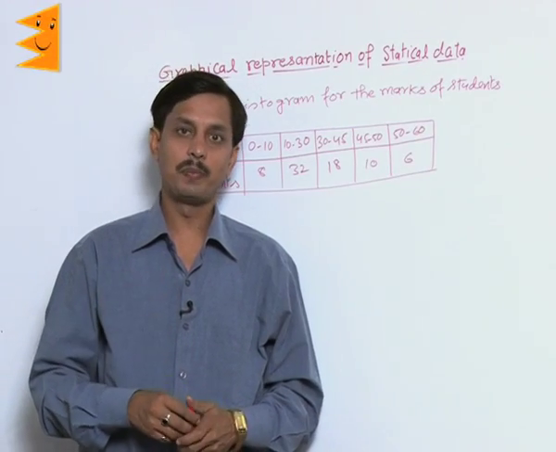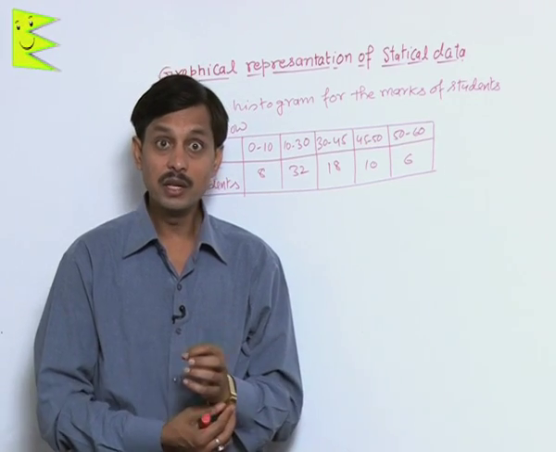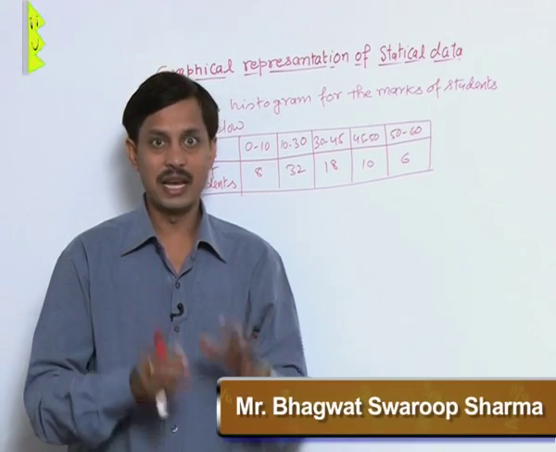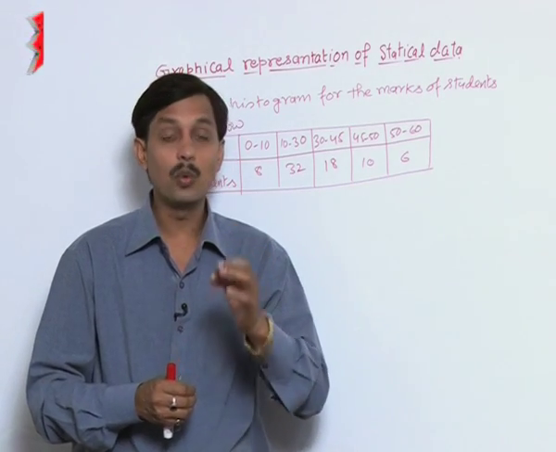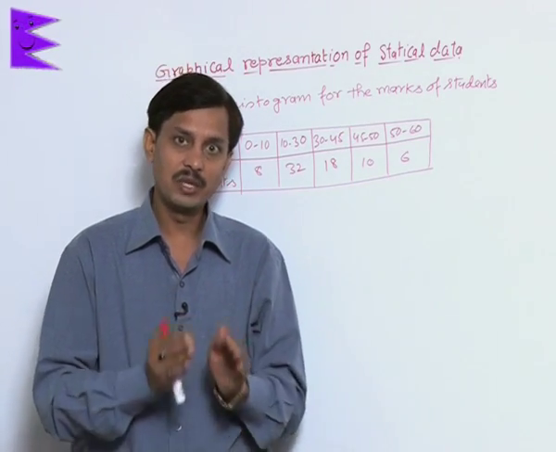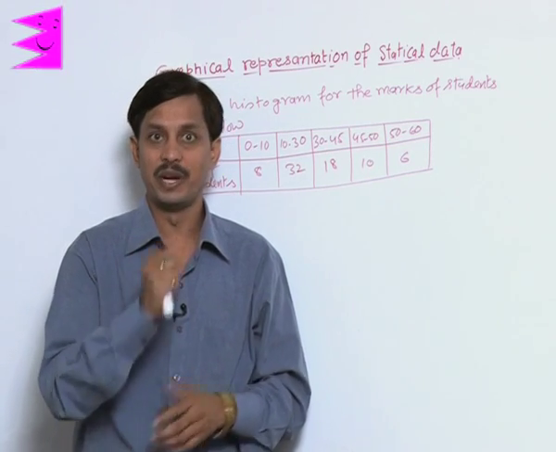Now I want to explain a question where the size of the classes is not equally spaced, that is, the class intervals are of uneven width.